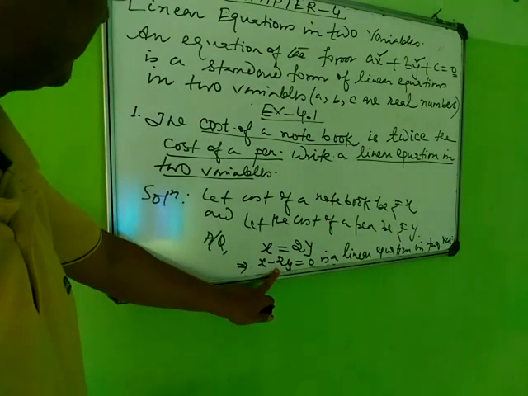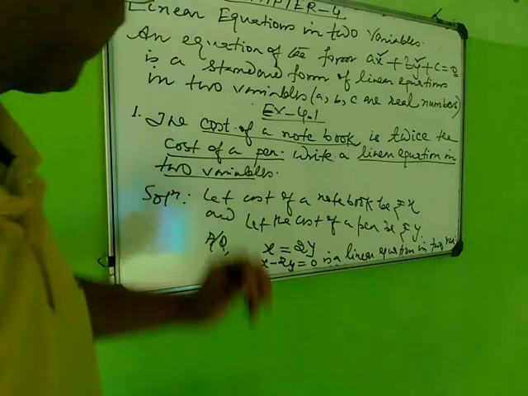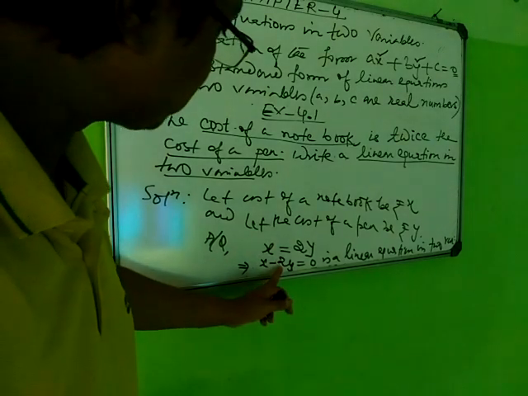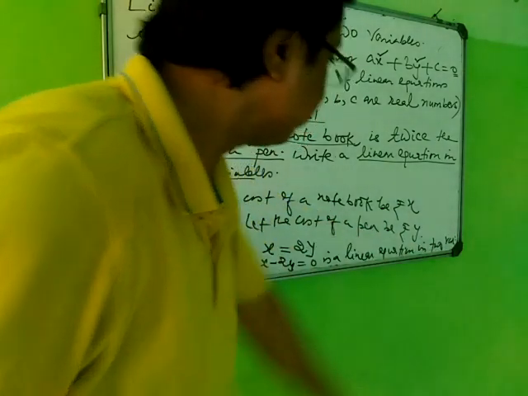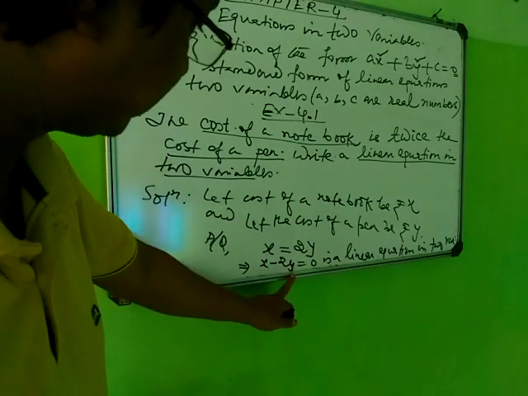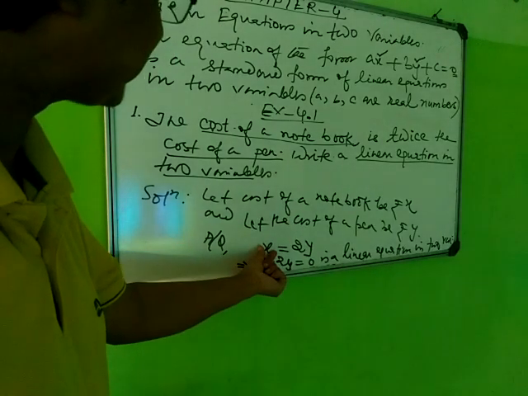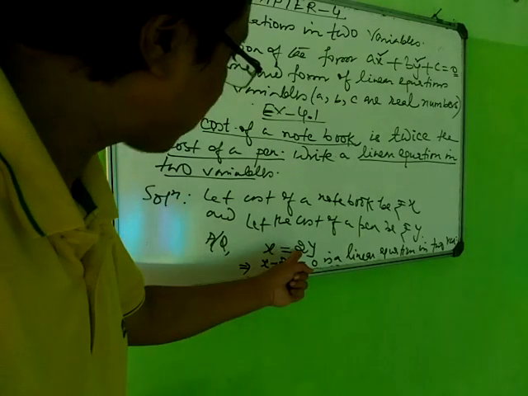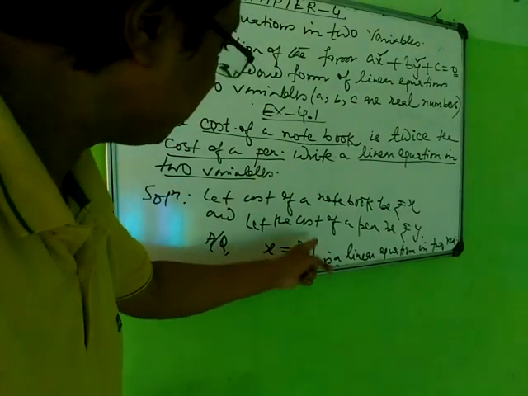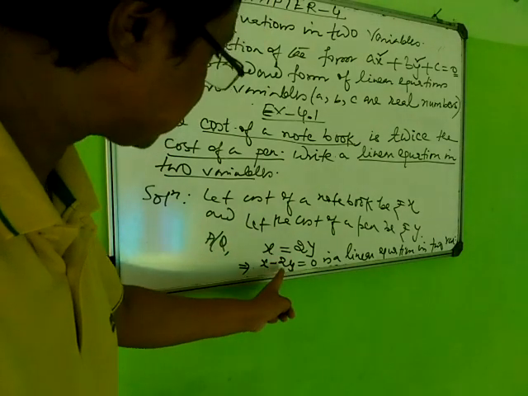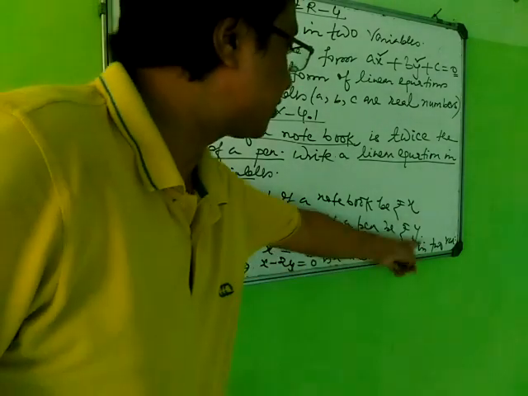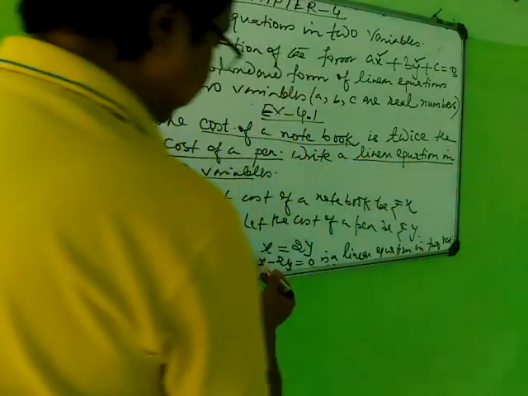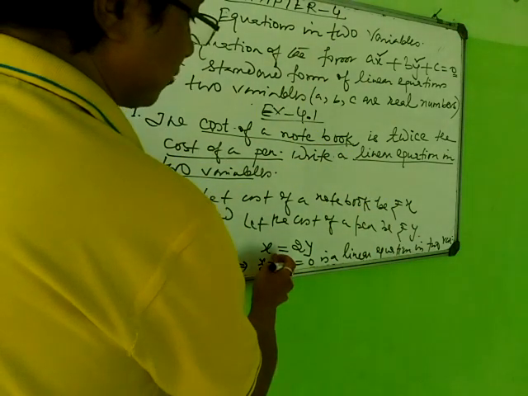This is your answer, because they have to write an equation in two variables. The variables are x and y. The cost of the notebook is taken as x and the cost of the pen as y. The cost of the notebook is twice the cost of a pen, so bringing twice y to this side, x minus twice y equals 0 is a linear equation in two variables. So you have formed the equation. This is the required equation, x minus twice y equals 0.